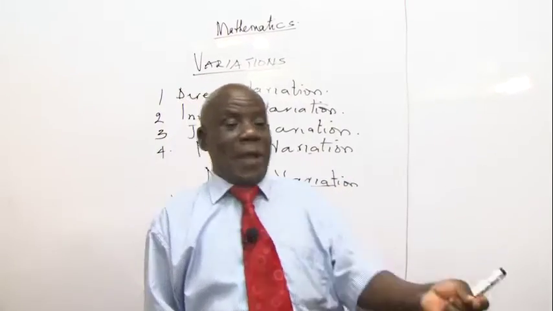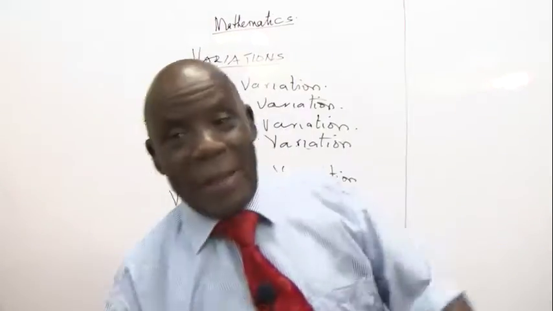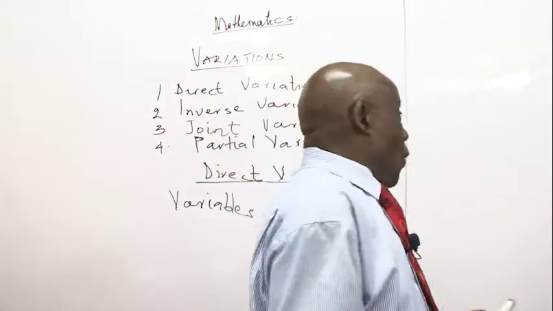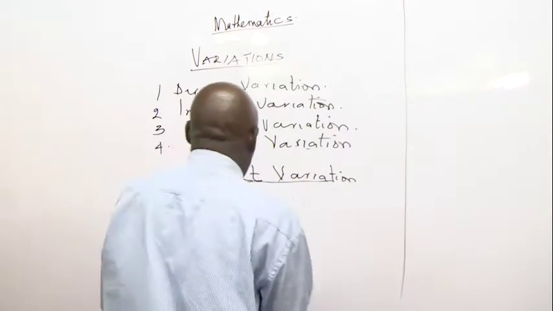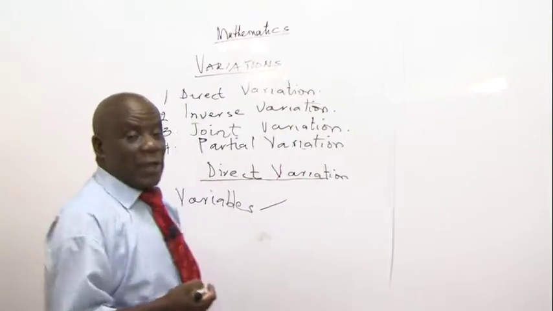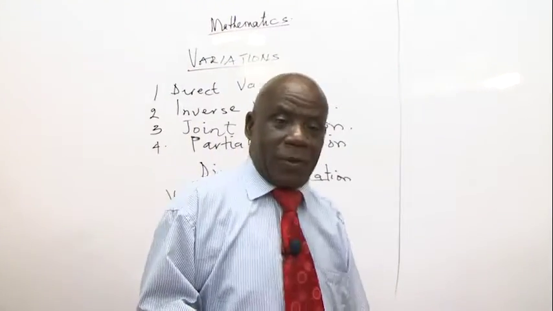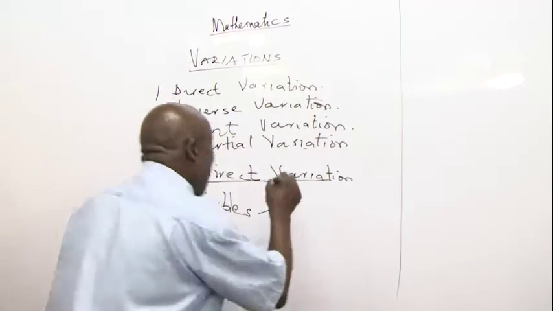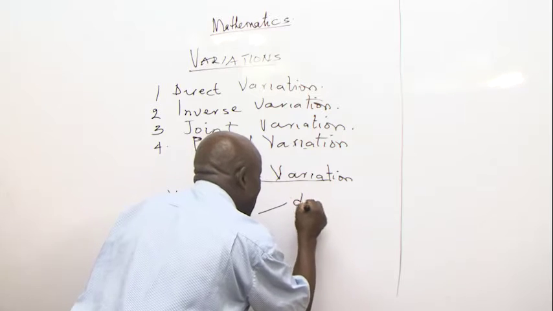That means the price of that book and your demand is also a variable. So when we are talking of variables, we have 2 types. We have one variable that depends on the other one. That is the dependent variable.